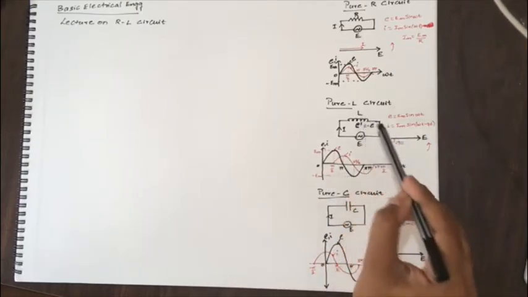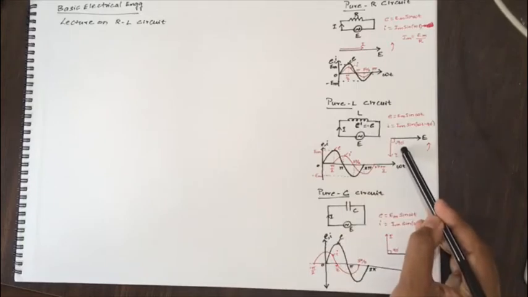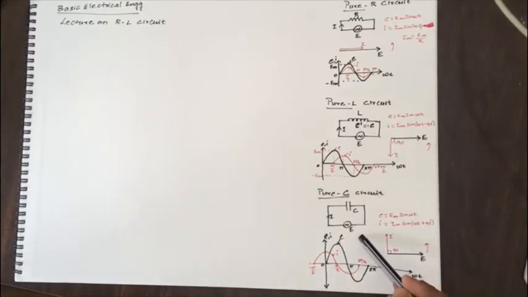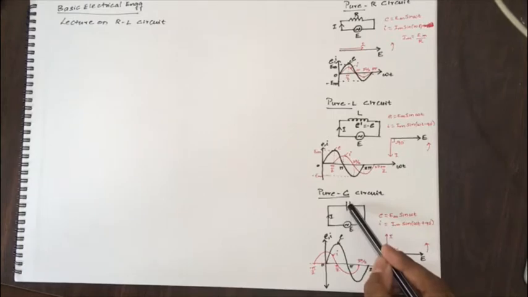When it is pure, it is 90 degrees. In case of capacitance, the capacitance will behave as a short circuit initially, because the moment supply voltage is given to the capacitance, it takes large current to charge itself to a potential equal to the source voltage.